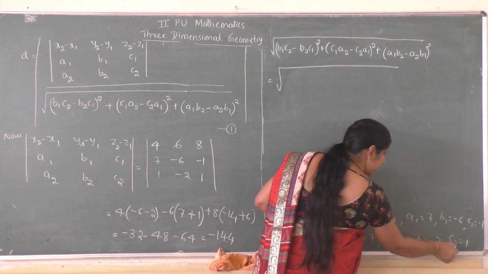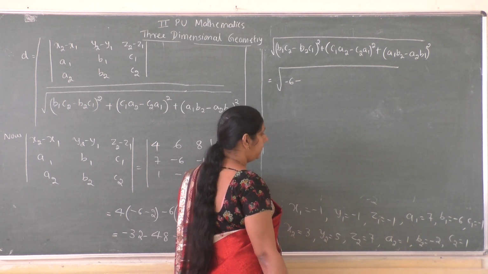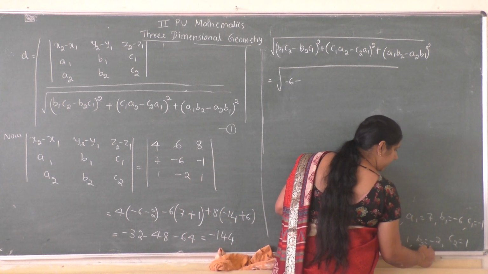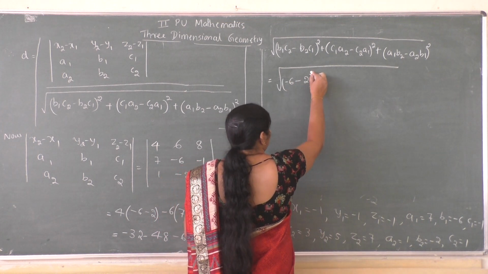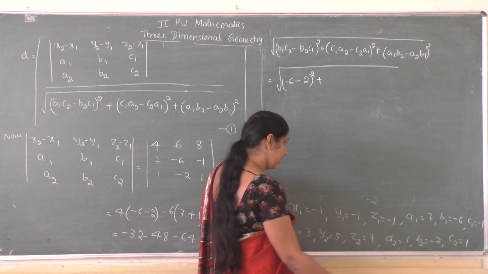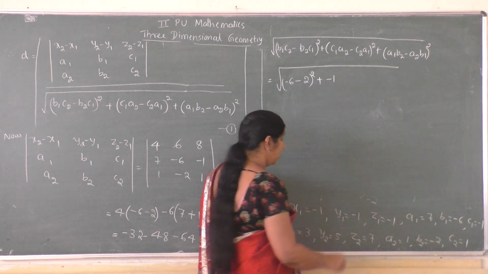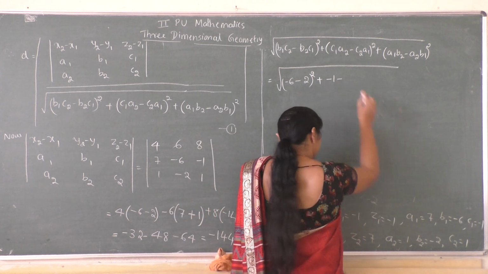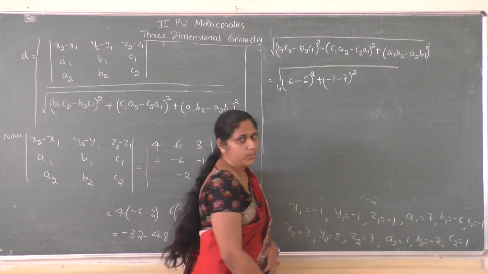So b1 into c2, minus 6 into 1, is minus 6, minus b2 into c1. b2 is minus 2, c1 is minus 1, so minus 2 into minus 1, plus 2, whole square. Plus c1 a2, c1 is minus 1, a2 is 1, so it is minus 1, minus c2 a1, that is 1 into 7, 7, whole square.